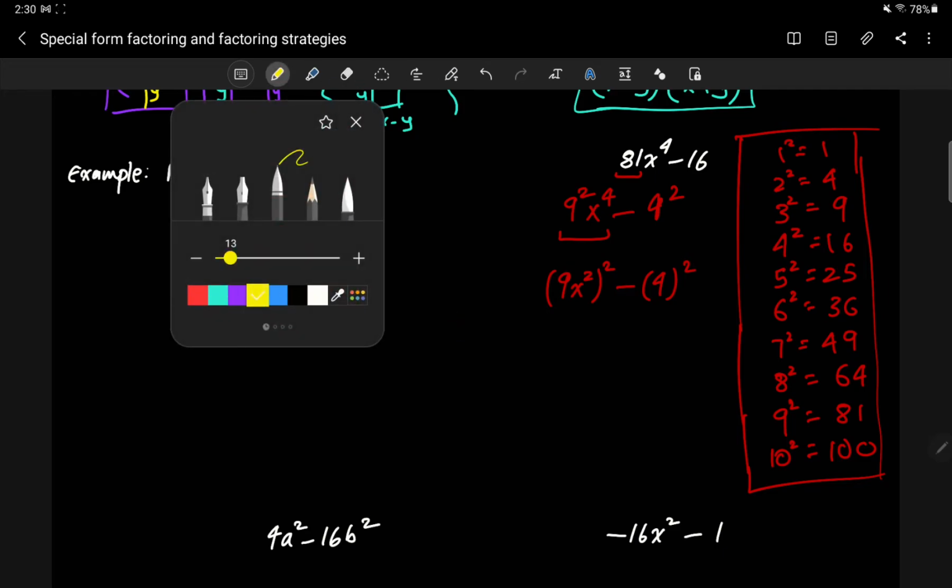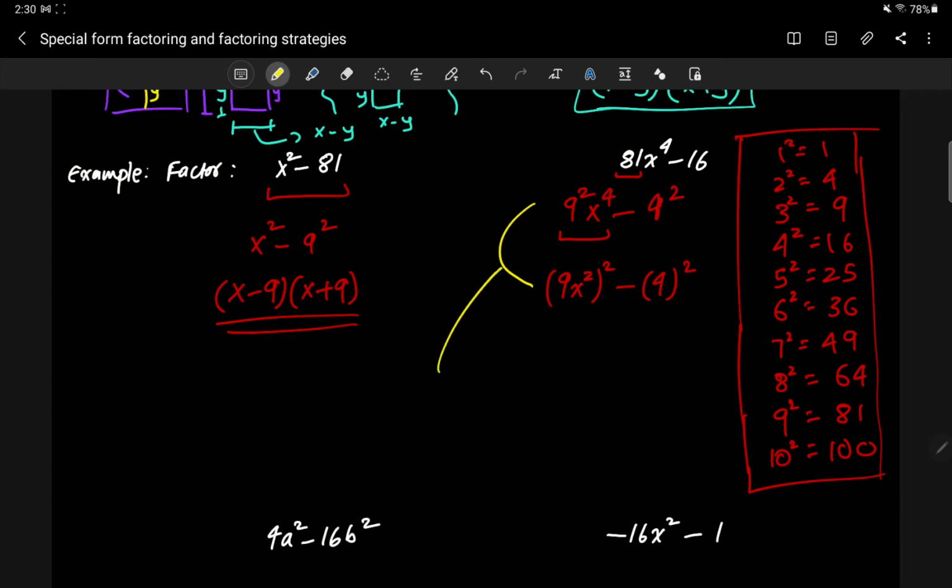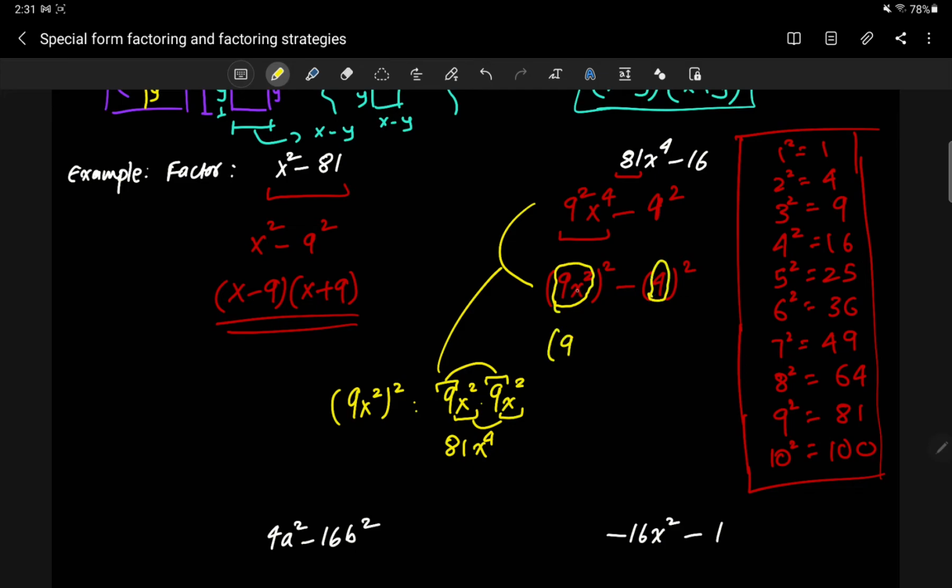To make sure this is understood, 9x squared, squared is actually 9x squared multiplied by 9x squared. And 9 times 9 is 81, and x squared times x squared is x to the 4. So you do get back 81 x to the 4. Now, the difference of squares is being applied to this yellow term and this yellow term. So you get whatever is inside, which is 9x squared minus 4 times 9x squared plus 4.